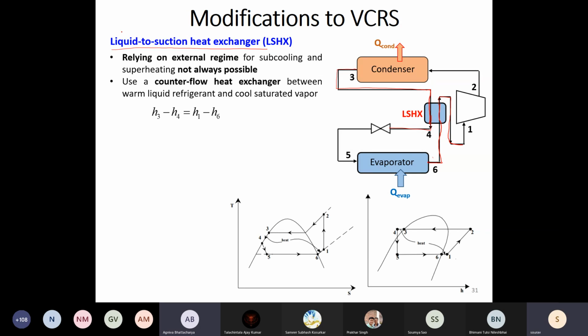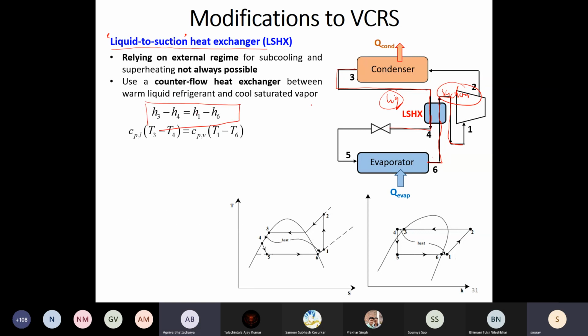This name is given liquid to suction heat exchanger because this is a heat exchanger between the liquid line and the suction line of the compressor. Liquid line and the suction line. Okay, so the first law analysis part is quite simple.